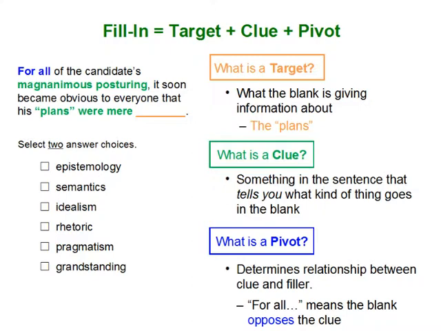Mere talk, mere rhetoric. Pragmatism, he's not being practical. We know that he's not this magnanimous. There's no magnanimity here, despite what the candidate wants us to believe. Grandstanding is now also a really great match in this instance. Just seeking attention with words, with bravado.